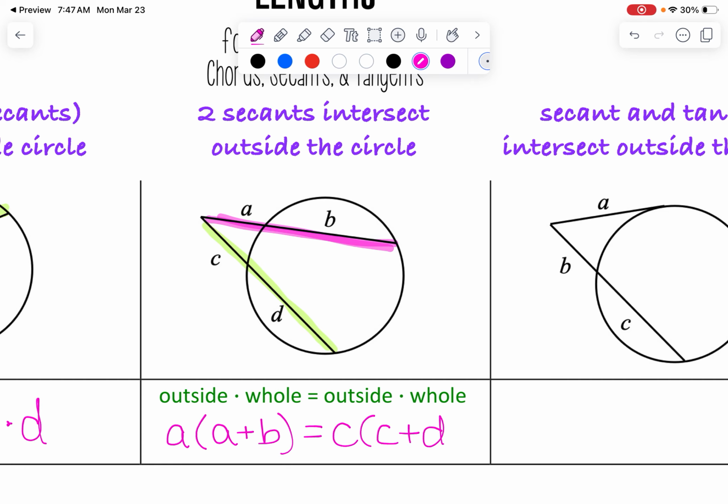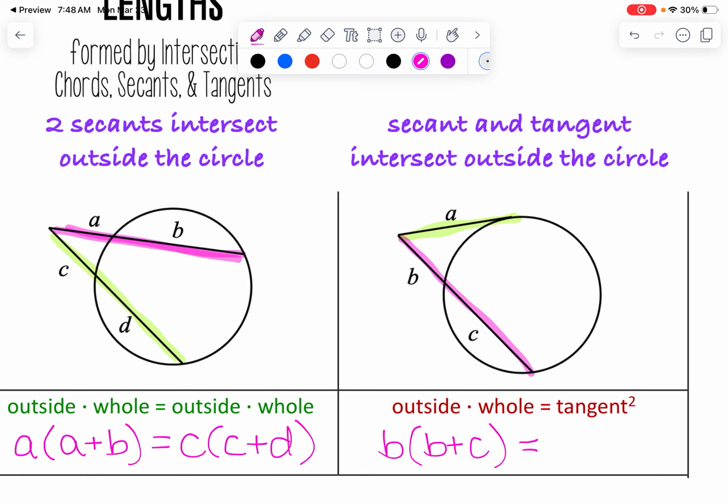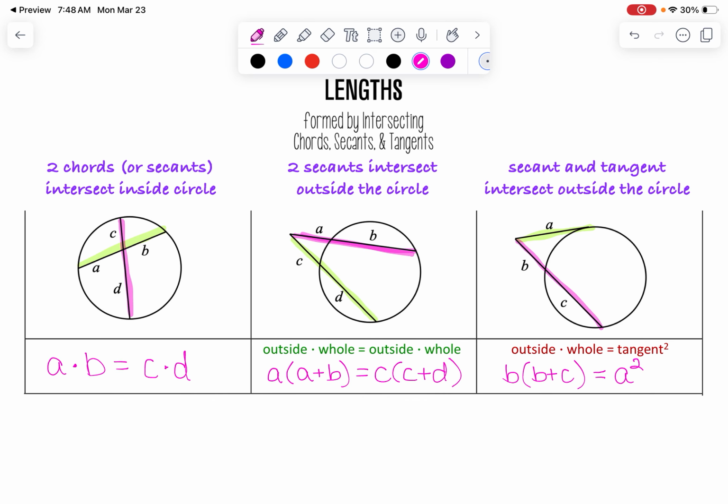So again, this would be B times B plus C, and that's going to be equal to the tangent squared, so A squared. Think of it as outside times the whole, which for the tangent is A times the whole, which is A as well. So that's how we get to A squared. Maybe that's one way to remember it. So these are the three pieces that you need to remember, and the three different types.